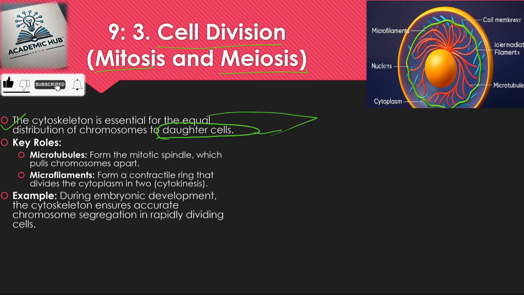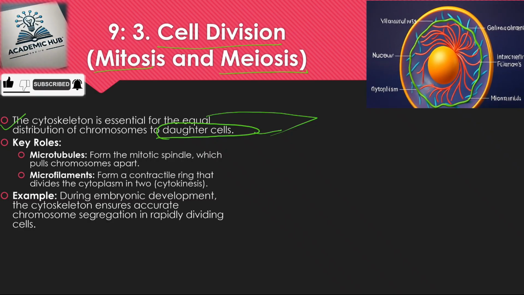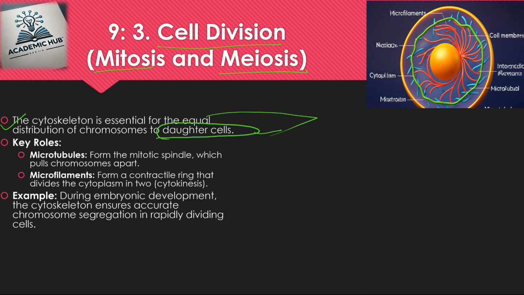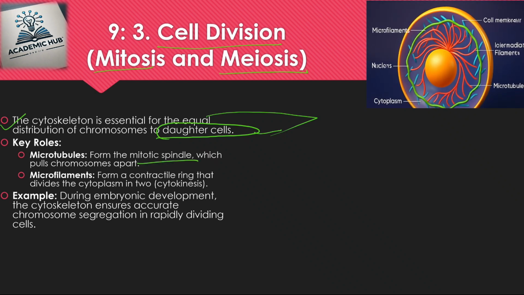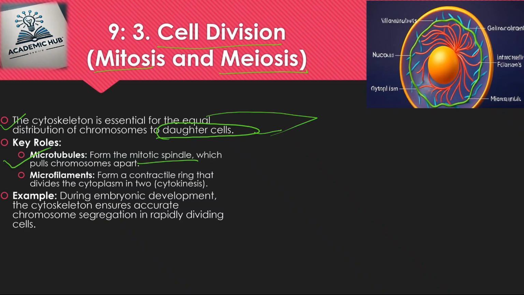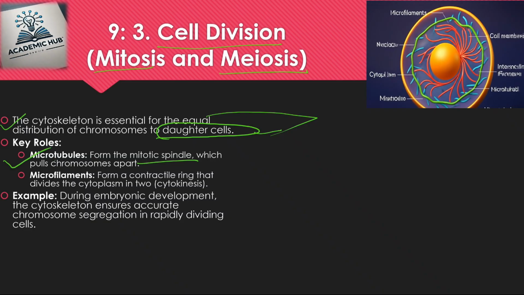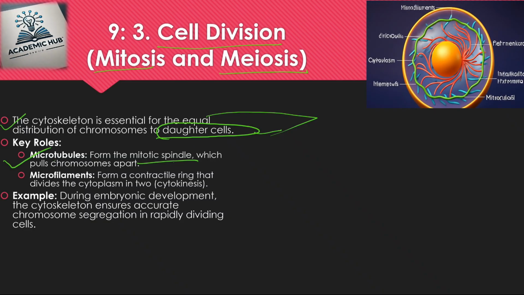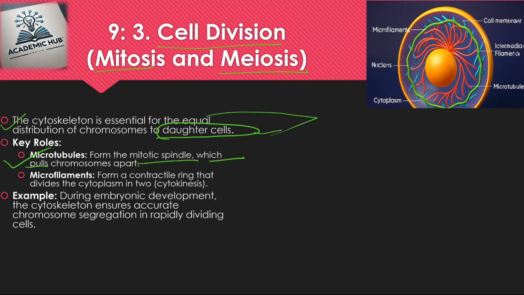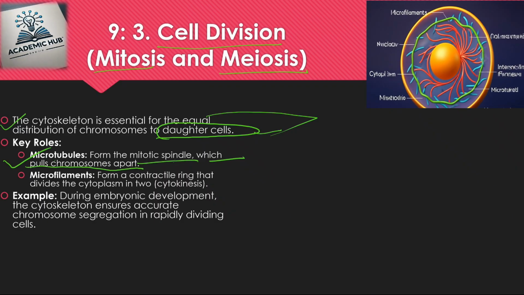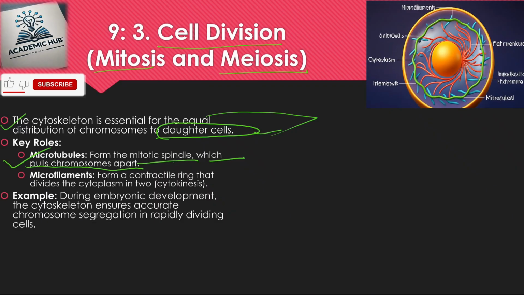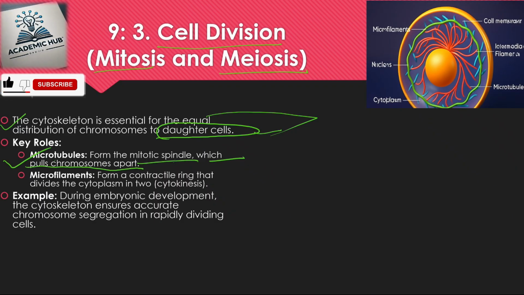During cell division, the cytoskeleton plays a crucial role by forming the mitotic spindle or spindle fibers. Means microtubules form the mitotic spindle, which pulls chromosomes apart and helps distribute chromosomes equally between the daughter cells.